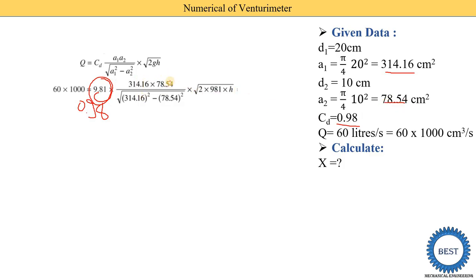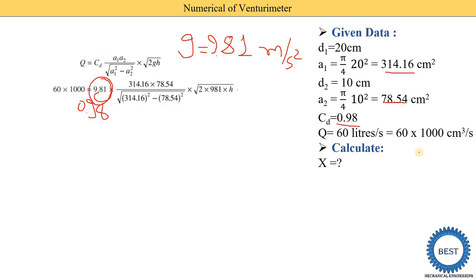So here we put the value of A1 and A2 into under root of 2GH. So 2 into G. Now what is G? G is the gravitational acceleration, and its value is 9.81 meter per second square.